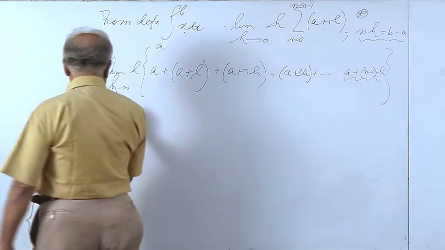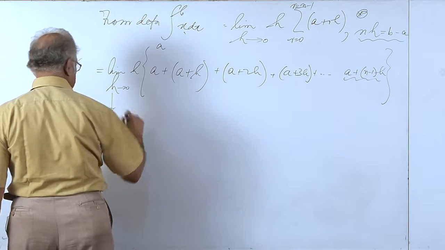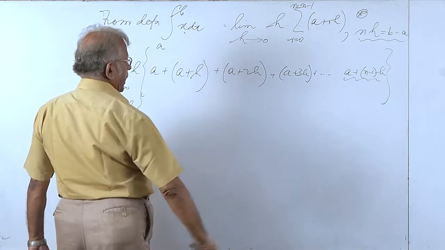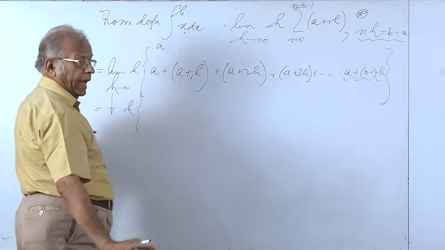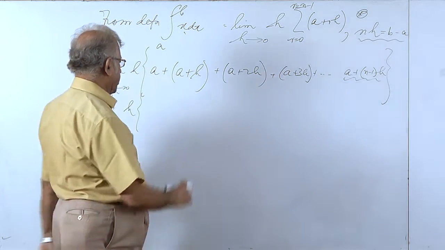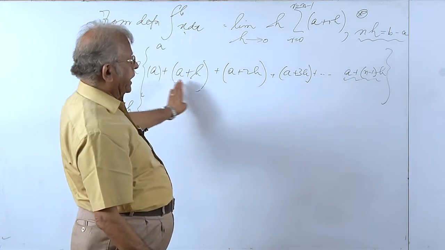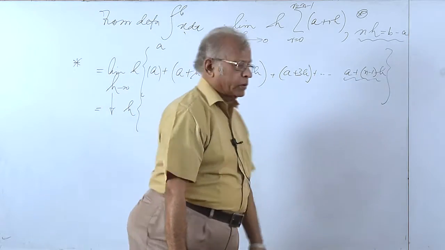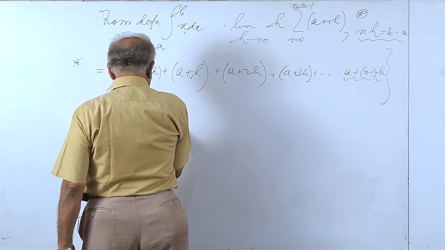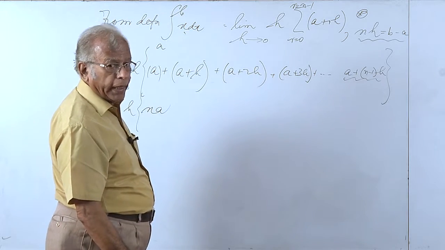Now we write this as being equal to the limiting value as h tends to 0, h times, every term has an a. Every term in brackets, including this one, which is not in brackets, we can put it in brackets. So there is one a. There are evidently n terms. So, if we collect all the a's together, there are n a's that add up to na.